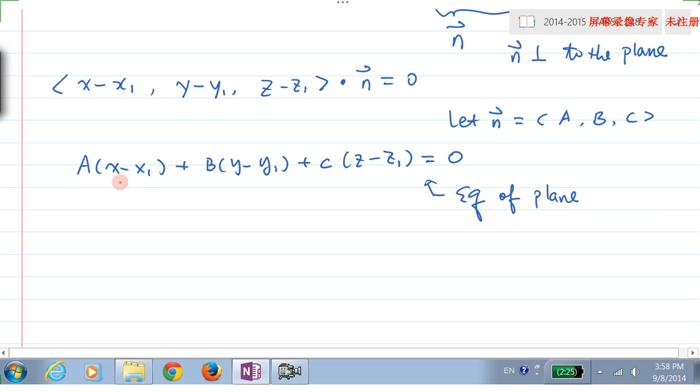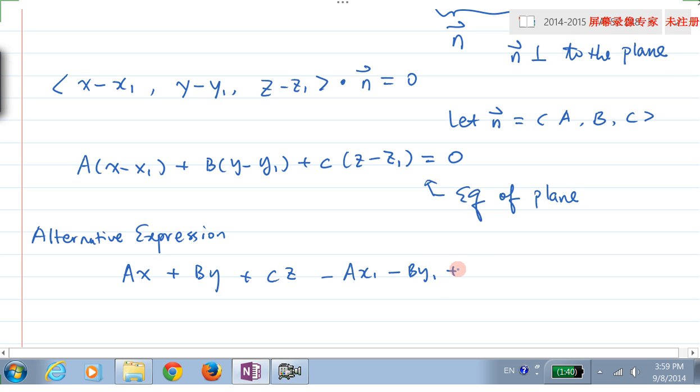Let me call this the alternative expression. Expanding it out, I get ax plus by plus cz minus ax1 minus by1 minus cz1 equals 0.